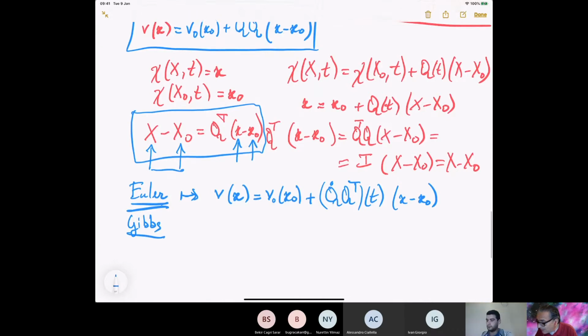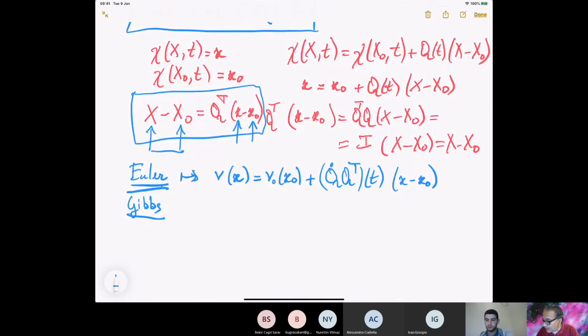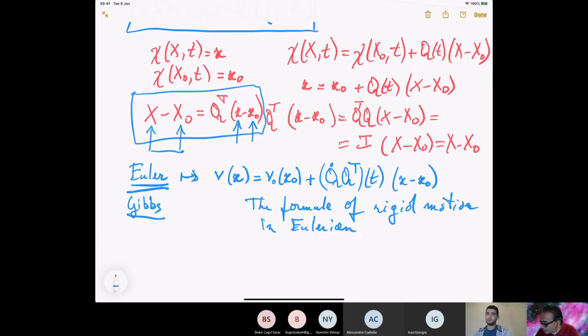Okay, so let's investigate a little bit. This is the formula of rigid motion in Eulerian, to be more precise, of rigid velocity field in Eulerian representation.